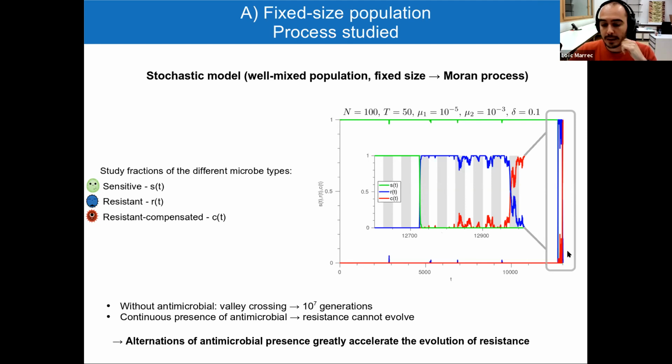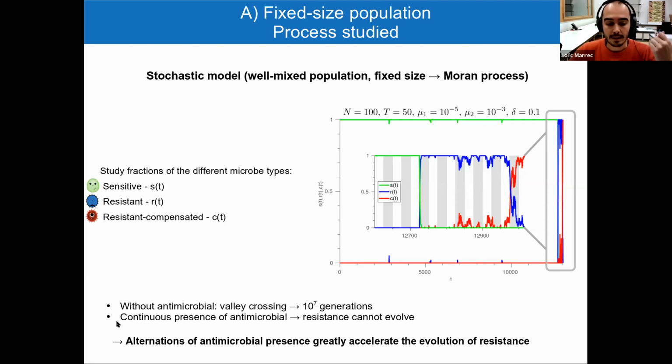In that case, the process took about 10^5 generations to evolve resistance. But if you don't add antimicrobials, resistance evolves through valley crossing, and it takes 10^7 generations. So it's much longer without antimicrobials.